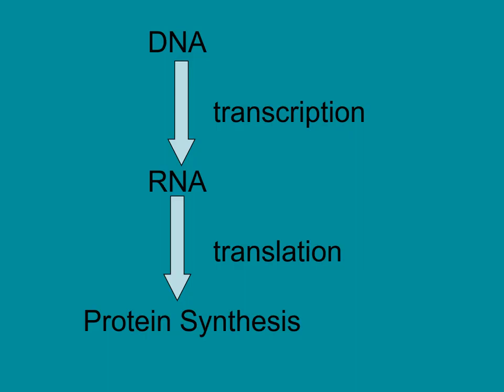DNA and RNA, as you know, are both nucleic acids. So they pretty much speak the same language. Their monomers are the nucleotides. Proteins are made up of amino acids. So it's like they speak a different language.